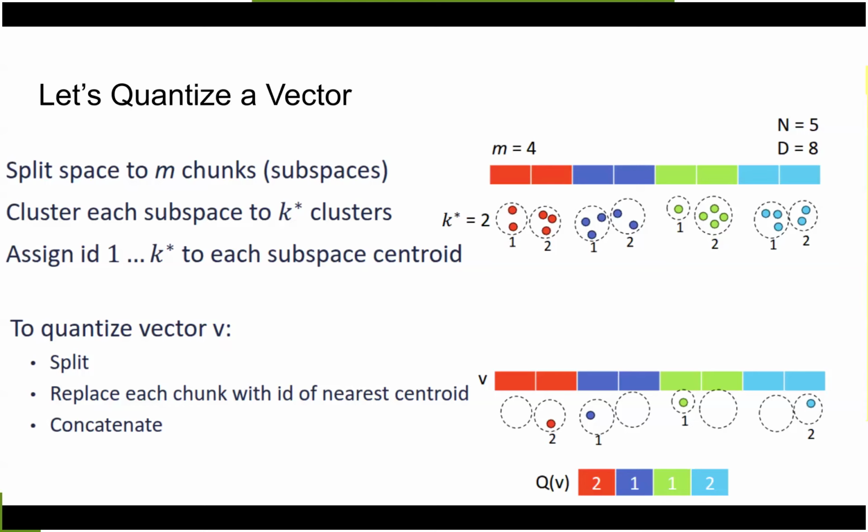Replace each chunk with the ID of the nearest centroid of that subpartition, and then simply concatenate all of those IDs together and come up with a new vector, the compressed version of the vector.